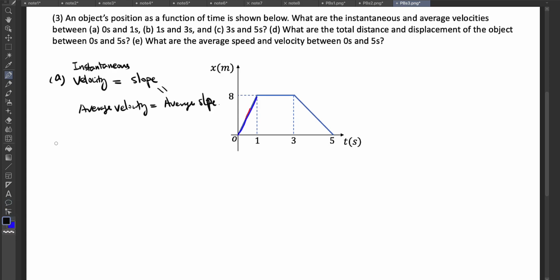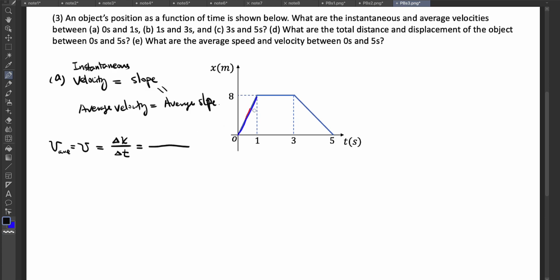So let me write this down. The average velocity equals the instantaneous velocity, right? And when we calculate average velocity, we do delta x over delta t to calculate the slope.